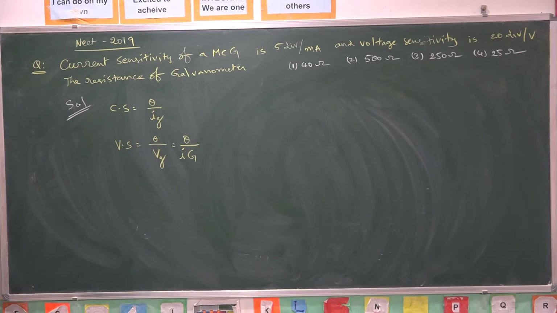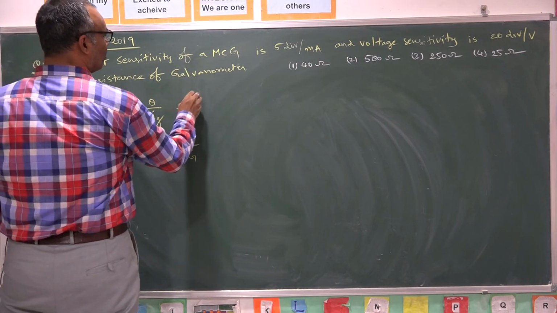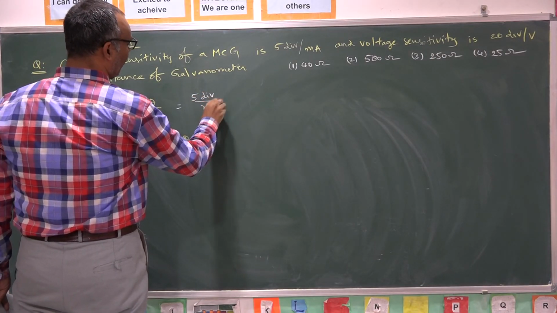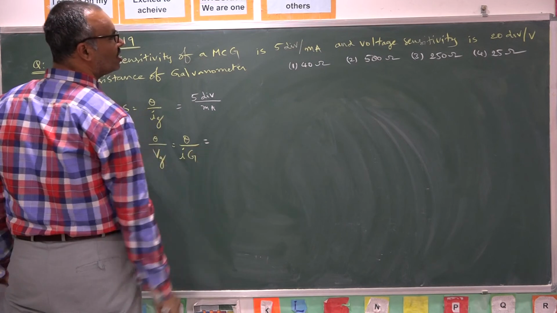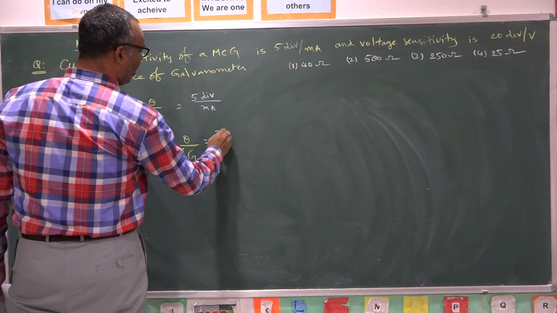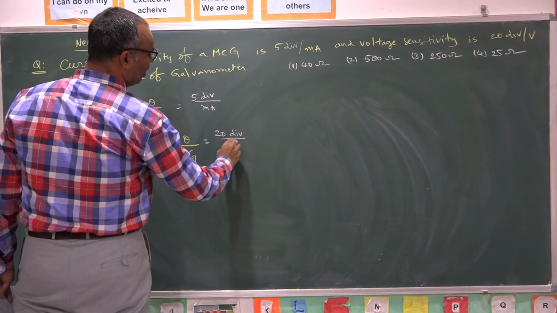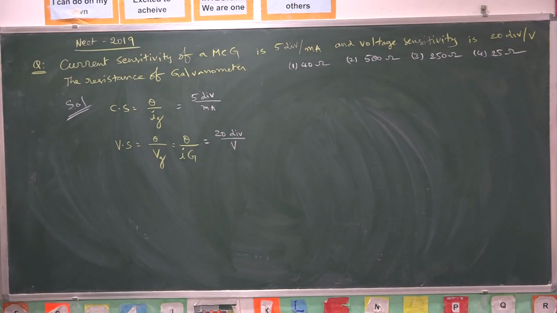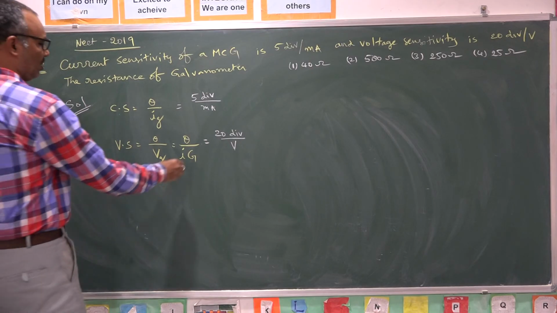So as per the question, they gave the current sensitivity as 5 divisions per milliampere, and they gave voltage sensitivity as 20 divisions per applied 1 volt potential difference. You are asked to find galvanometer resistance.